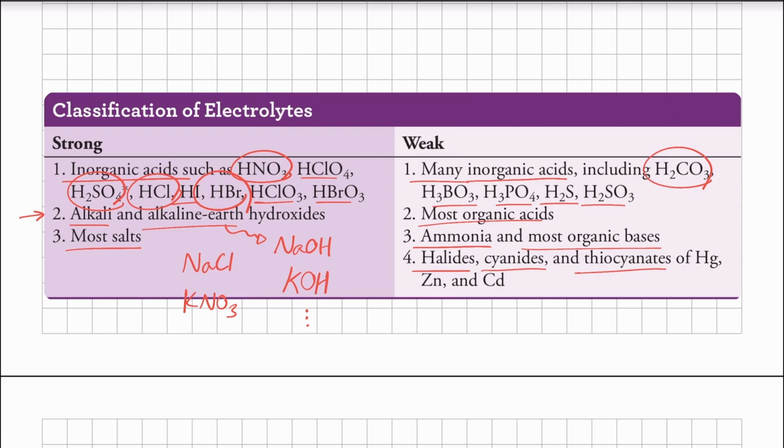Here you might ask a question: how can we memorize all of these substances? Which one dissolves completely, which one dissolves partly? The answer is we don't need to. As we go through and deal with problems and processes in analytical chemistry, we learn them by experience.